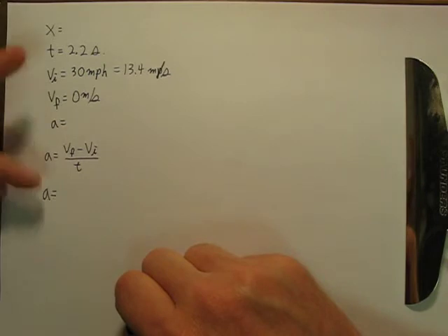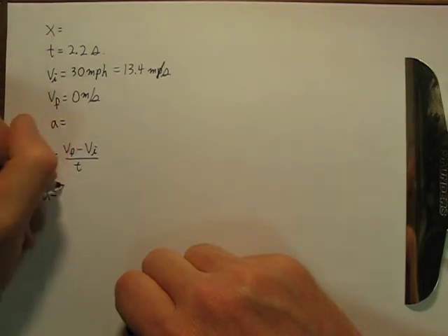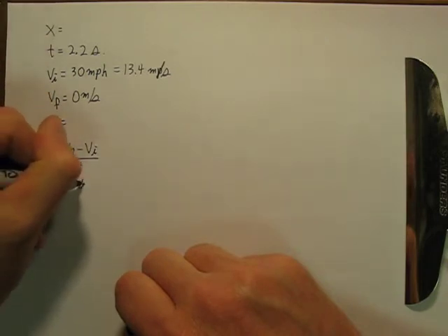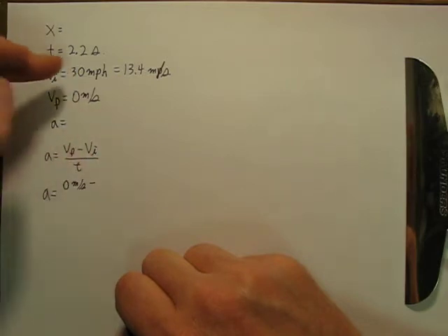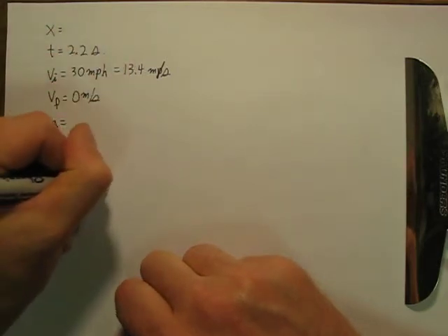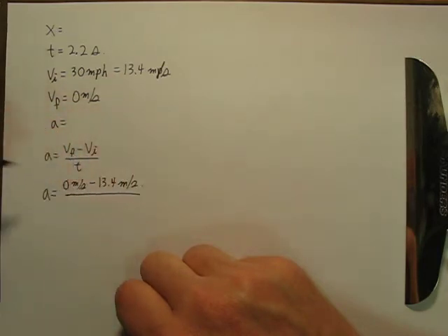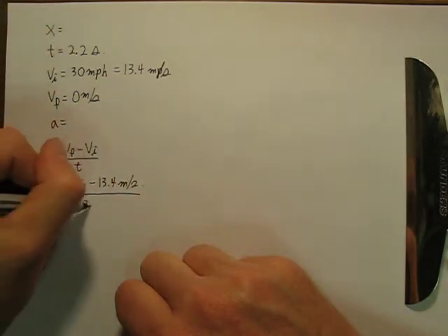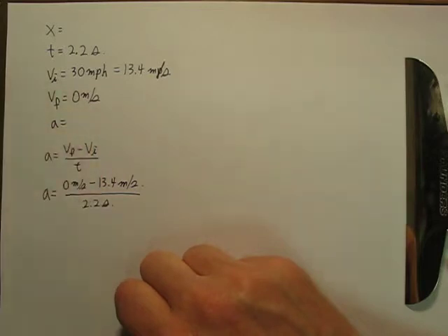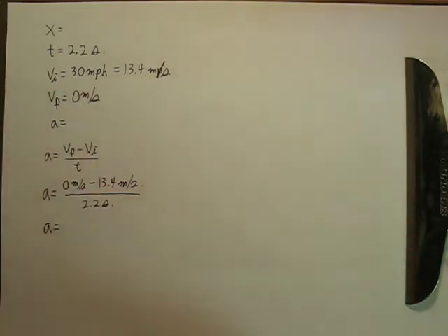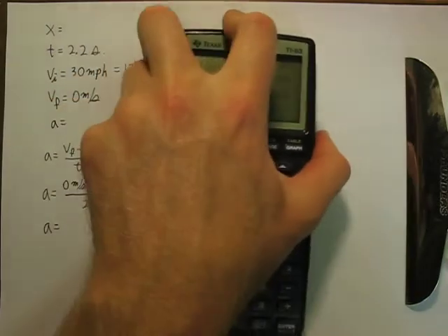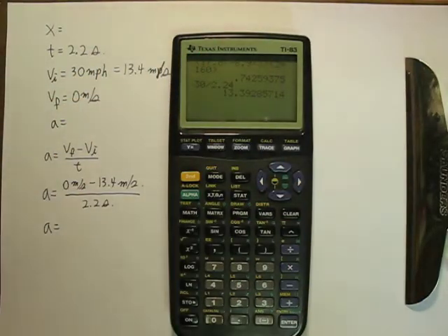So A is going to be my VF, which is 0 meters per second. My VI is going to be 13.4 meters per second. And my time is going to be 2.2 seconds. So my A, I don't need to do the 0 minus.